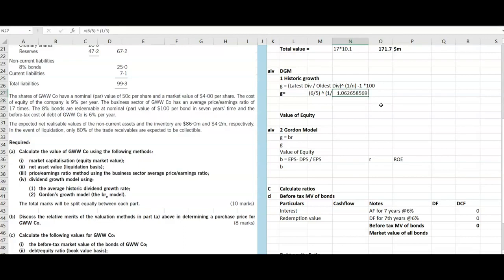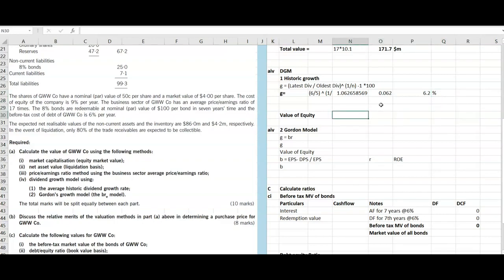We got 1.06. From here we'll minus the 1. With this number, if we minus the 1, the answer will be 0.062. When you multiply this number by 100, you will get the percentage of growth. So the percentage is 6.2%.